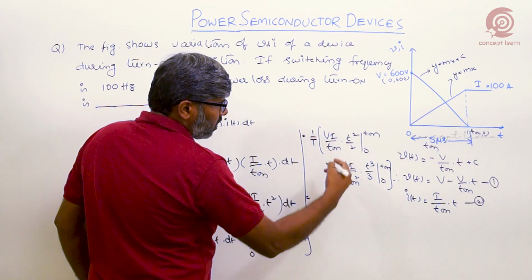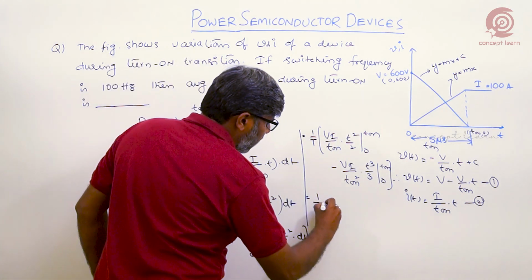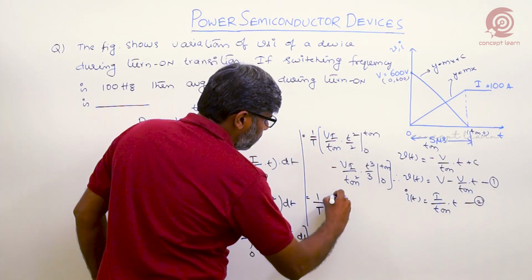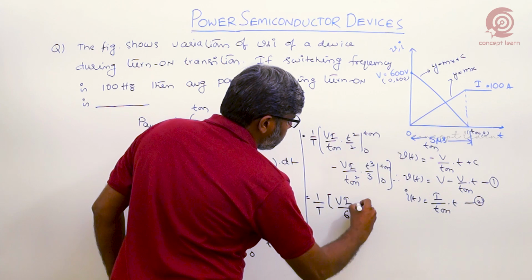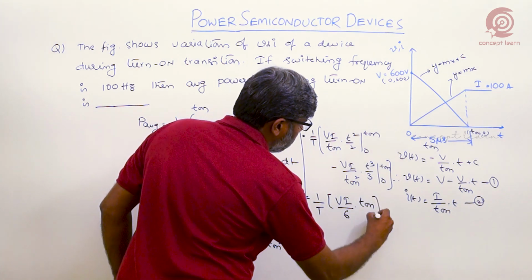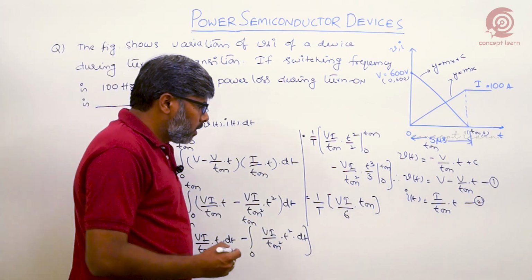So by substituting the limits in this equation, we finally get Vi by 6 into T on, the final expression.